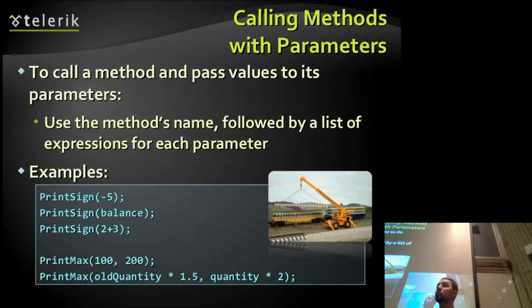Quantity times 2, depending on the type of quantity, could be either an int or a float. If quantity is a float or a double, that has a higher precision, therefore it will promote the whole expression to be a double. So a double times an integer is still a double. Those rules haven't changed from C. But any arithmetic expression or logical expression, as long as it evaluates to some data type, you could put it in there. So 2 plus 3 is still very valid.